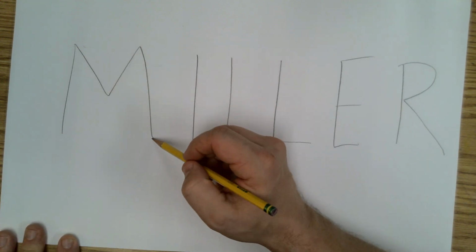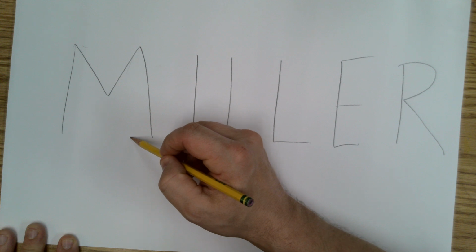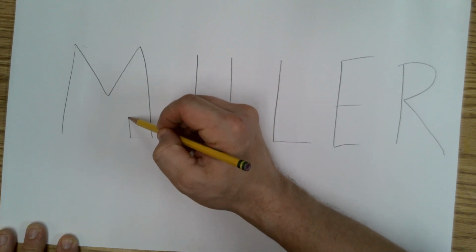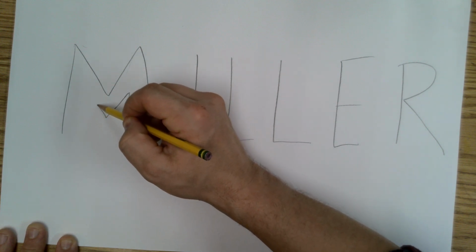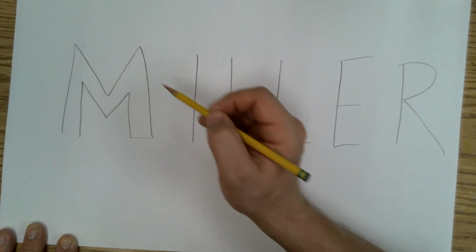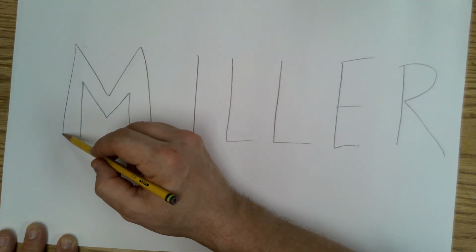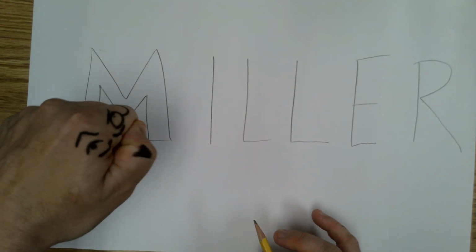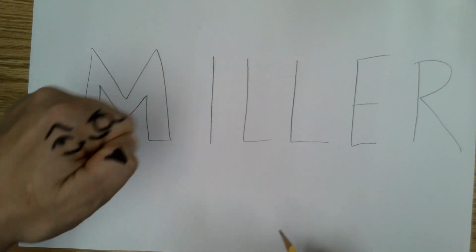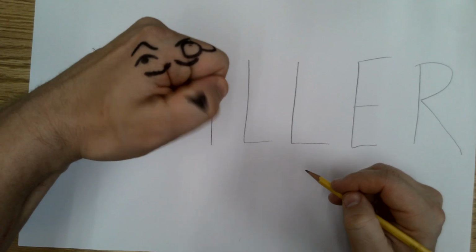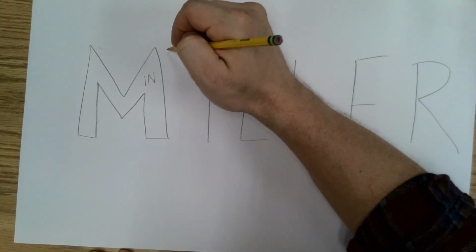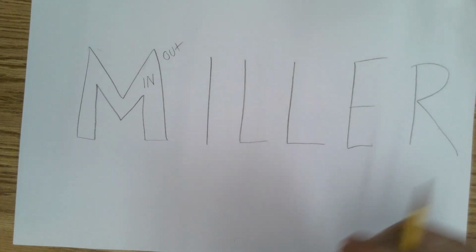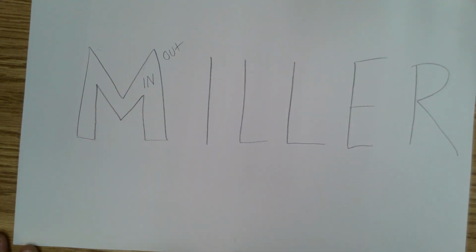Then I would take my pencil and start going back and making a slightly smaller version of the letter. And then watch this. I closed it off. Mr. Miller, it is now a shape. There's an inside and an outside. That's correct, Mr. Monocle. There is an inside and an outside to that M.